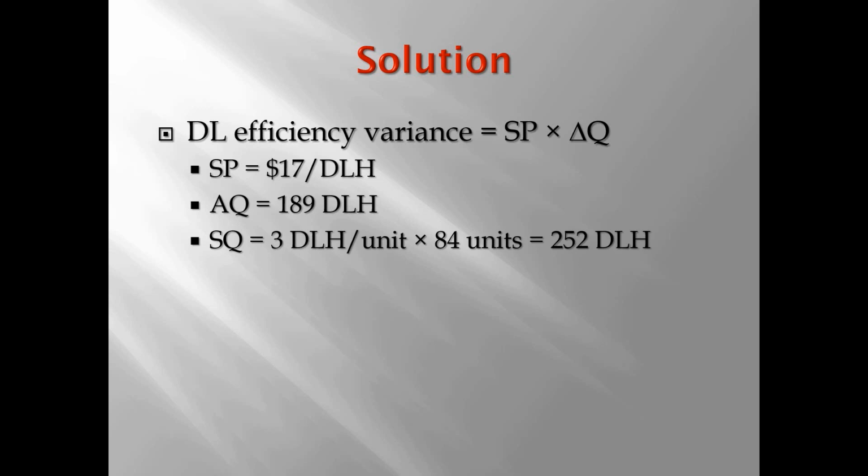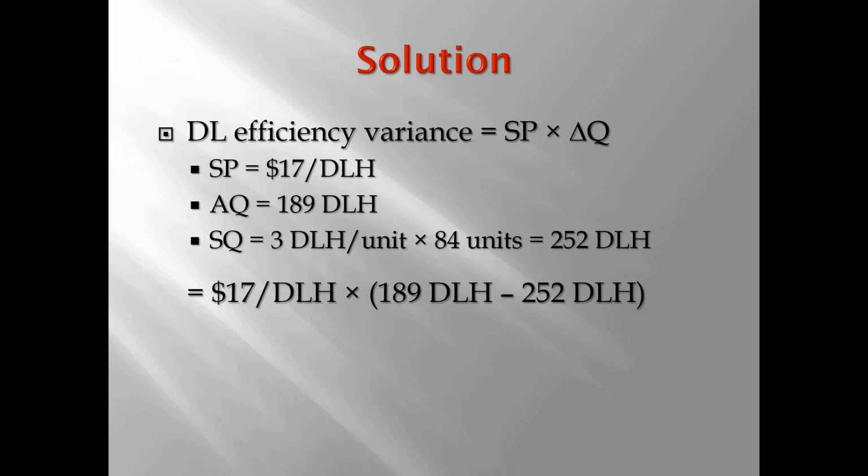The firm expects to use 3 direct labor hours to make each unit, and we know that the firm actually made 84 units. So that means that the standard quantity for the actual number of units made is 252 labor hours. Now we can put this information into our formula.